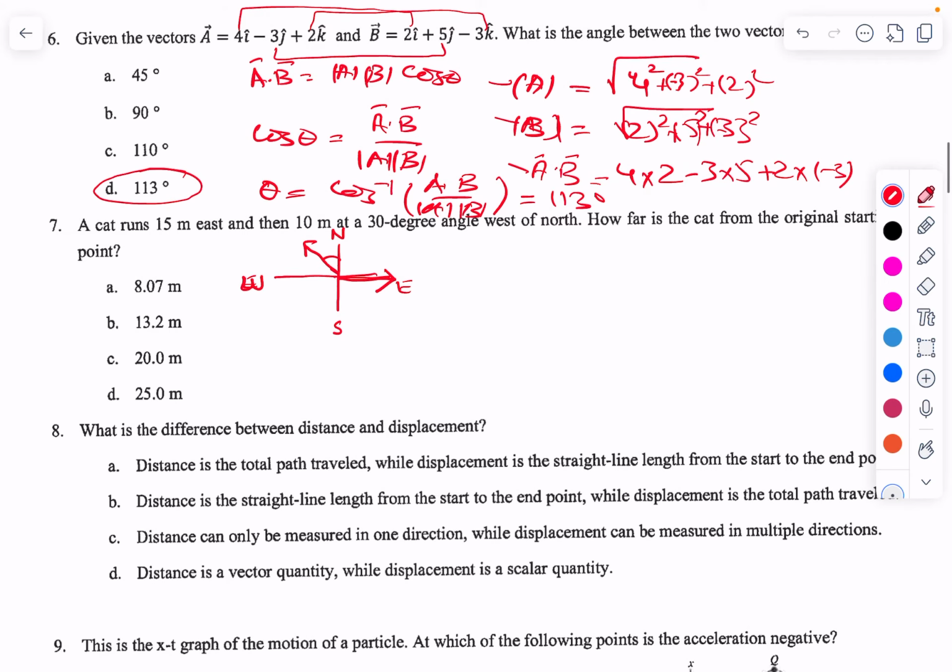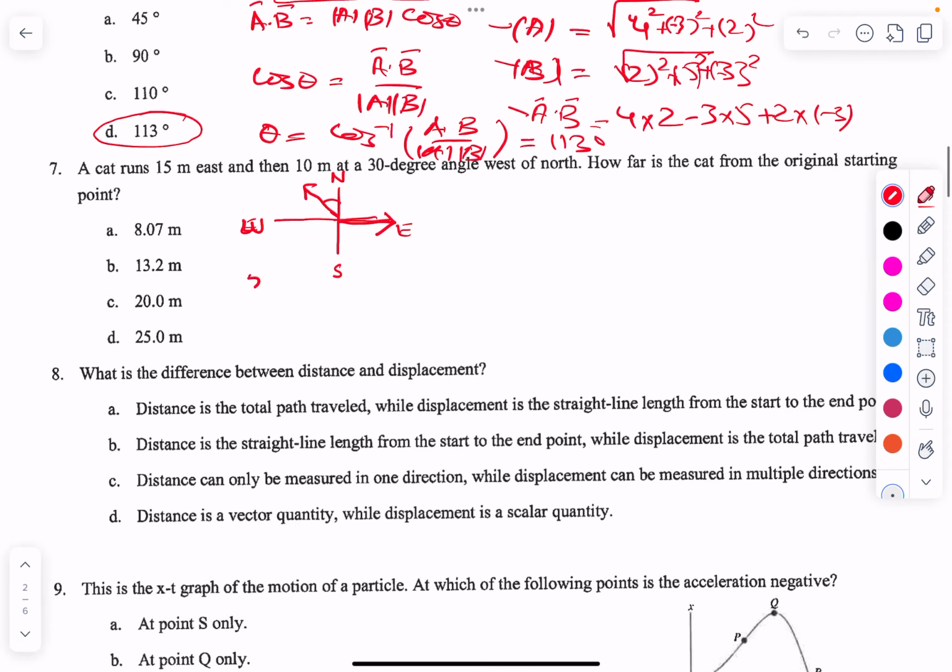So how far it goes, we can calculate its x is 15 plus 10 cosine 120, because this angle is 120, and y is 10 sine 120.